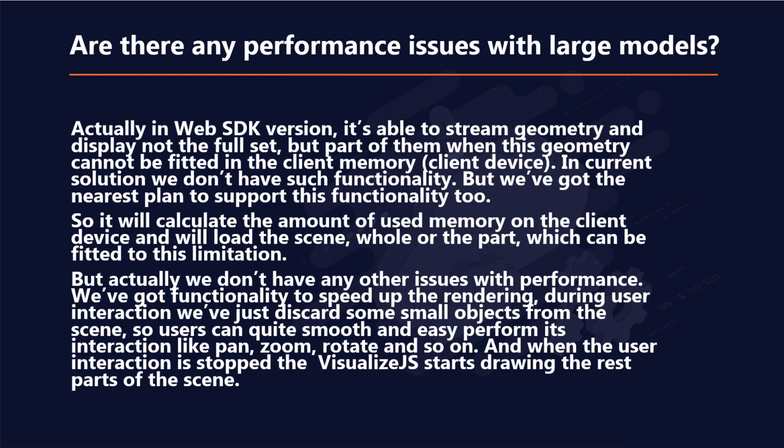We have functionality to speed up the rendering. During user interaction, we just discard some small objects from the scene, so the user can quite smoothly and easily perform interactions like pan, zoom, rotate, and so on.